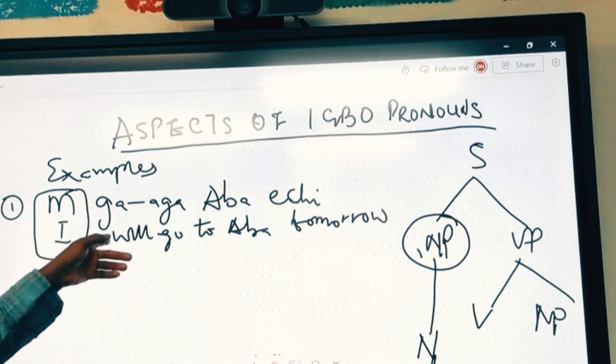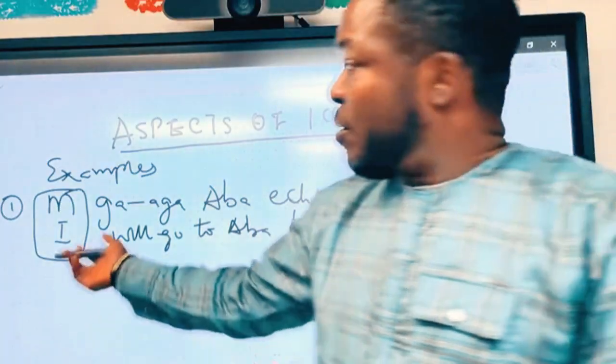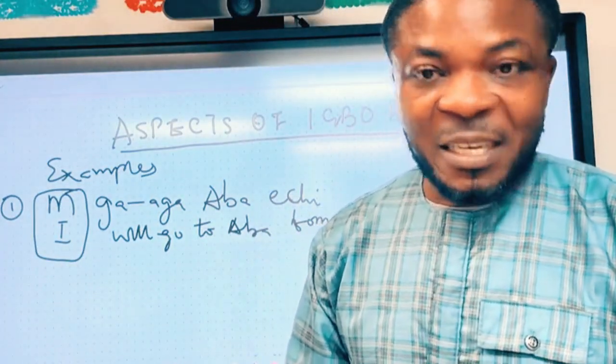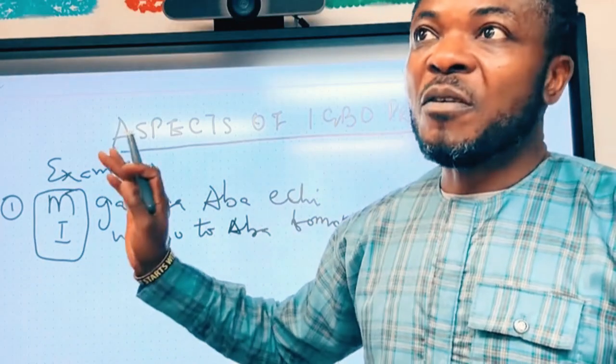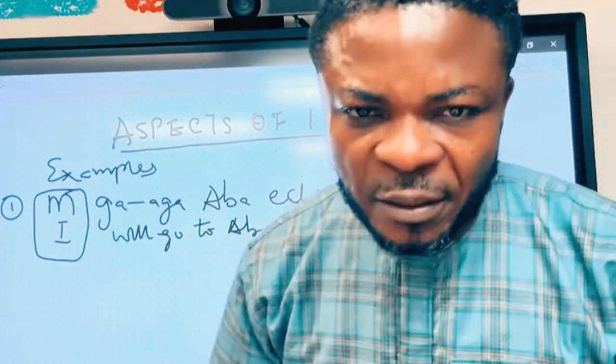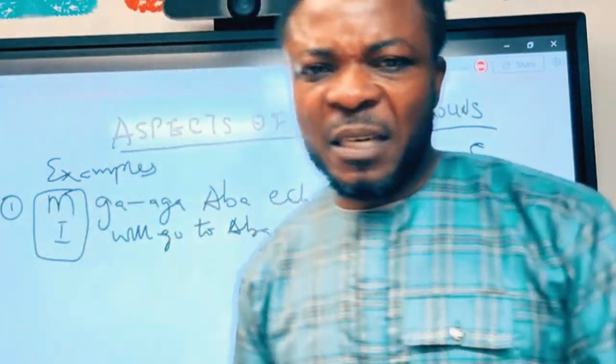Now, if you look at this, you find out that it's pretty much the same in English. I mean, this aspect of the language we are discussing is pretty much the same, okay?